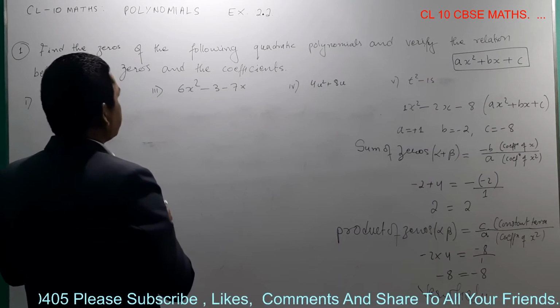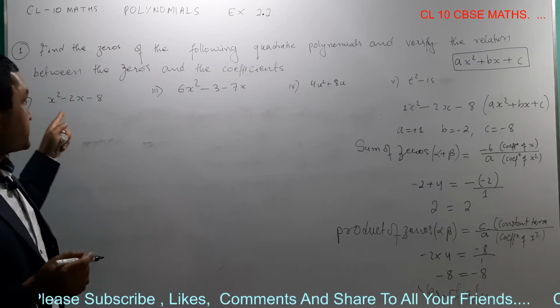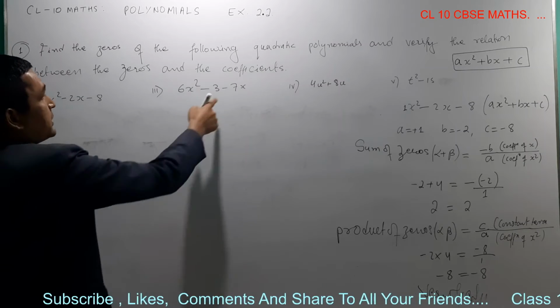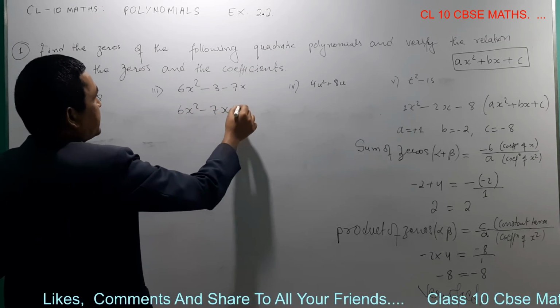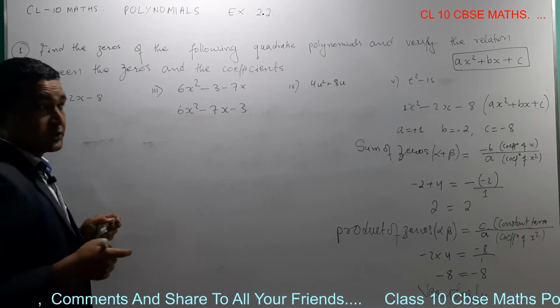This one, just rearrange. I know how we did question number 1. Rearrange this 6x square minus 7x minus 10 the way we did question number 1.